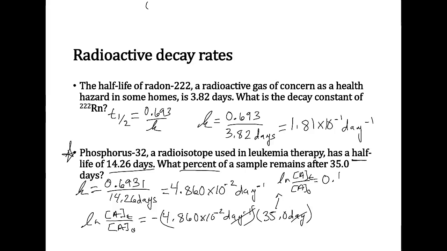We'll take the exponential of both sides. What we should end up finding is that A sub t over A naught is equal to 0.183. But since it asks for what percent remains, we have to multiply by 100%. So what we would say is that 18.3% remains.